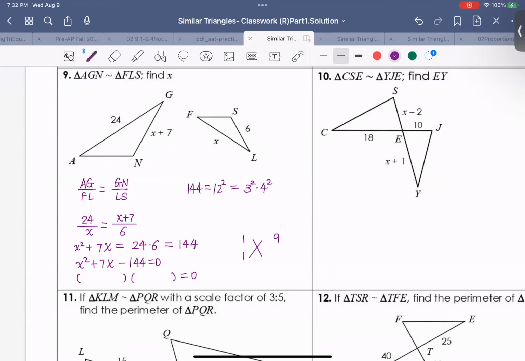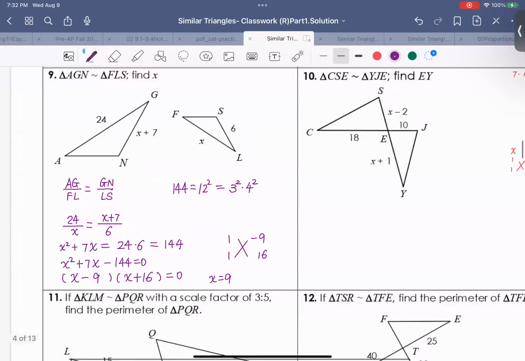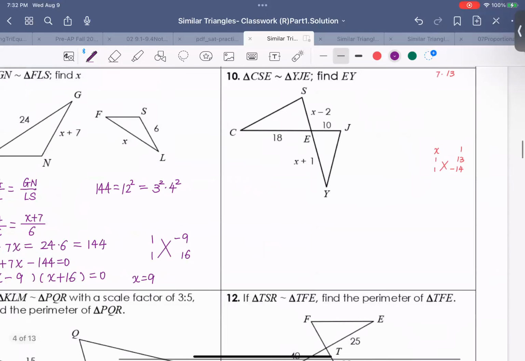If you have a 9 here, you have 16 here. You can get this immediately, right? So this means you have x minus 9 and then x plus 16. Correct? And you cannot make it negative. The segment length won't be a negative number. So you make your x equal to 9. Okay? That makes sense, right?